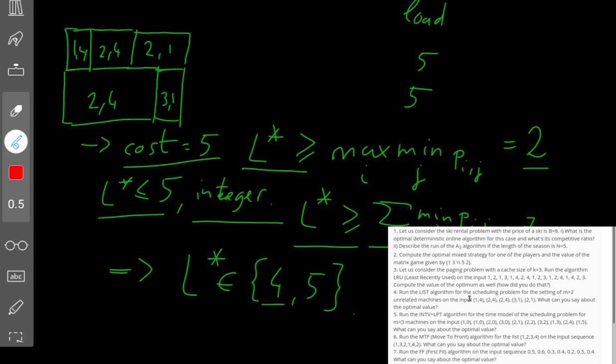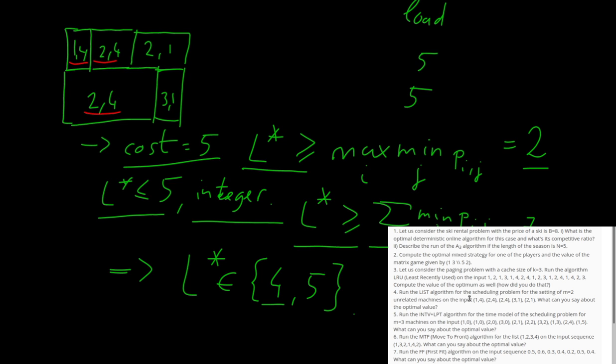If you want to reach 4, then amongst these three jobs and these 2 jobs, you cannot put both of them on the first machine because that would be 5, which means that at least one of these guys will be put on the second machine, which means that none of these 3 guys can be put on the second machine because they would cost 4 and the other 2 cost at least 1.